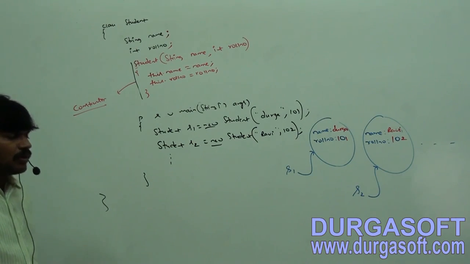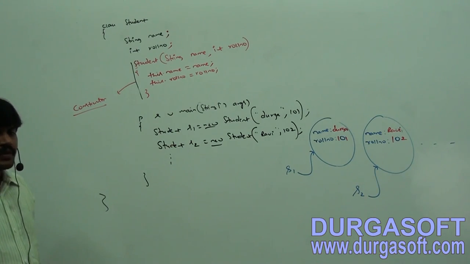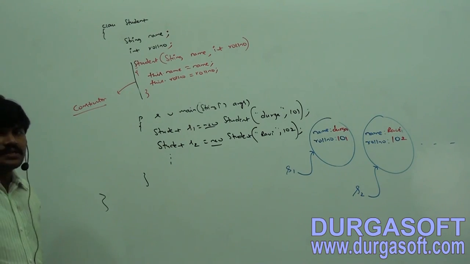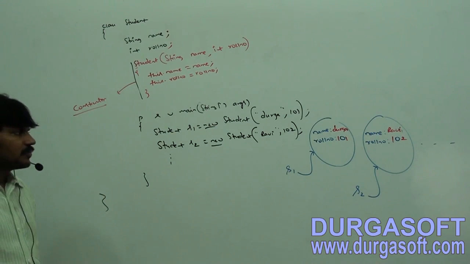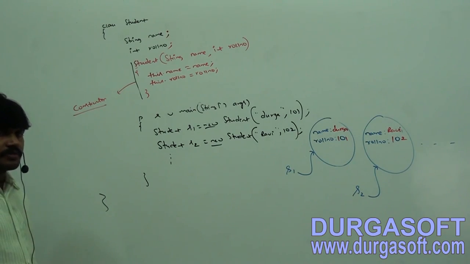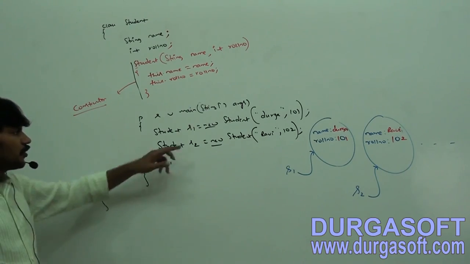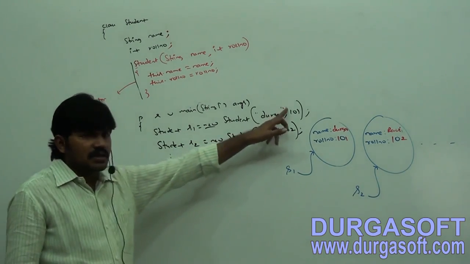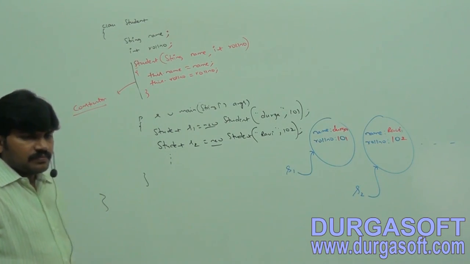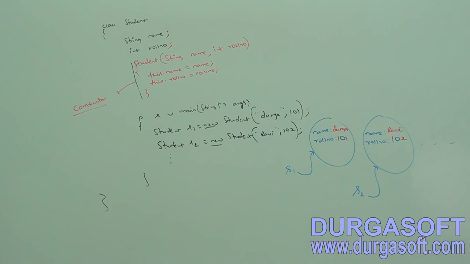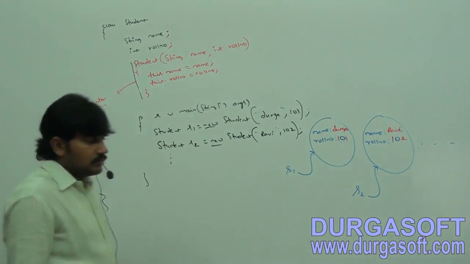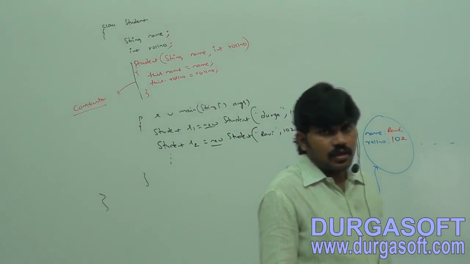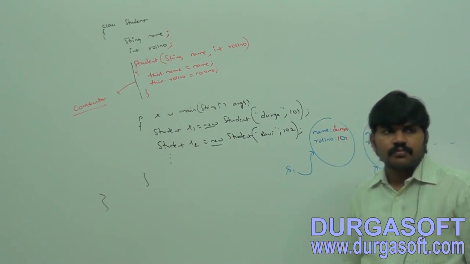So what is the role of constructor? To perform initialization of an object, not to create an object. To create an object we have to use the new operator, but to perform initialization the constructor will be there. I hope that's completed.